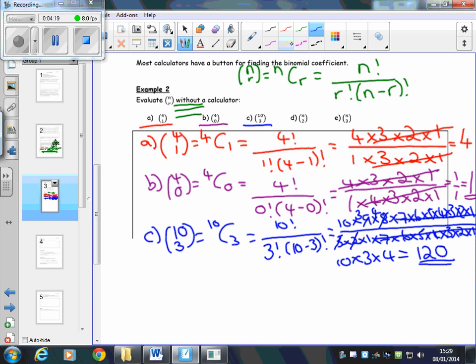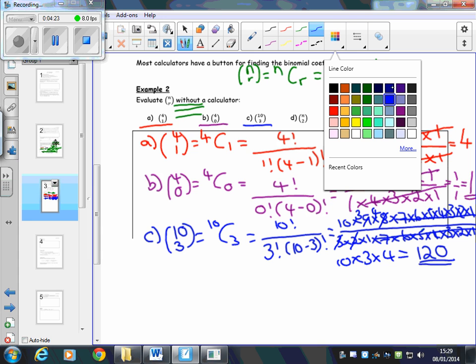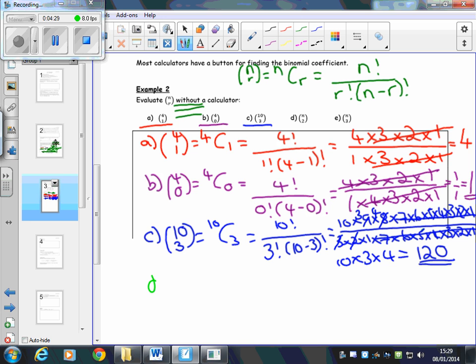Now for part D, we have n choose 2. So it'll be nC2, which will give us n factorial over 2 factorial times (n minus 2) factorial.